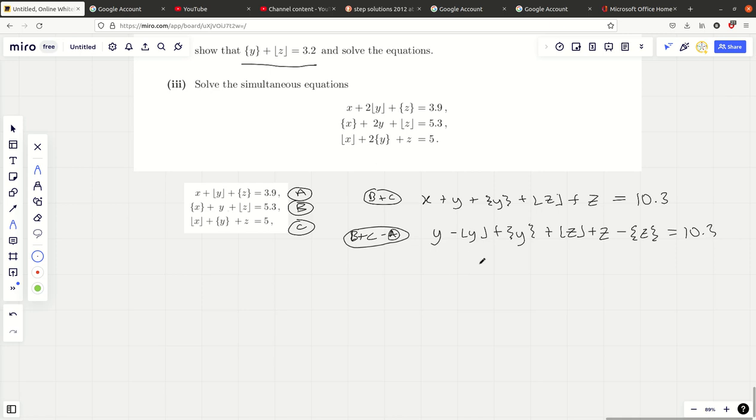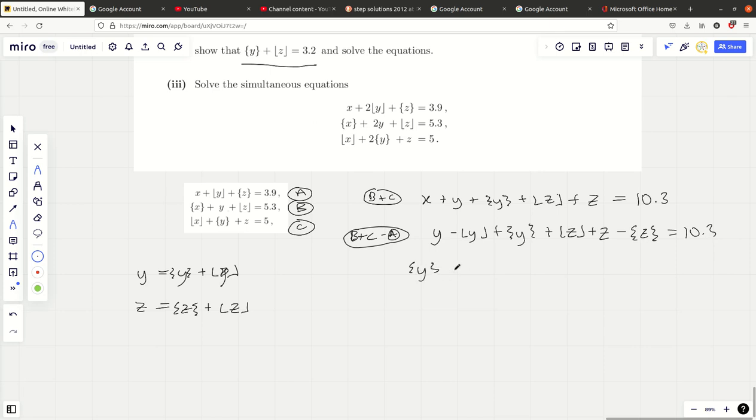Just like over here, if I write this as, let's write it real clear, y is equal to integer part plus fractional part. And it's the same for z, obviously. Z is fractional part plus integer part. And that's what I'm using here, because you just see it real obvious then.